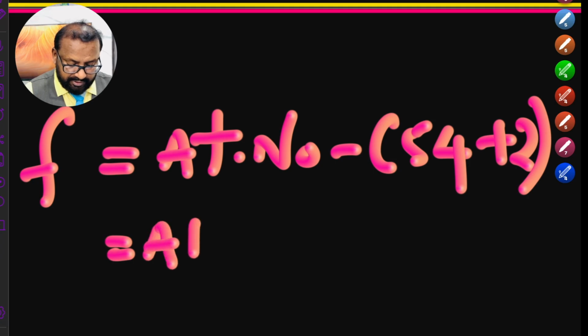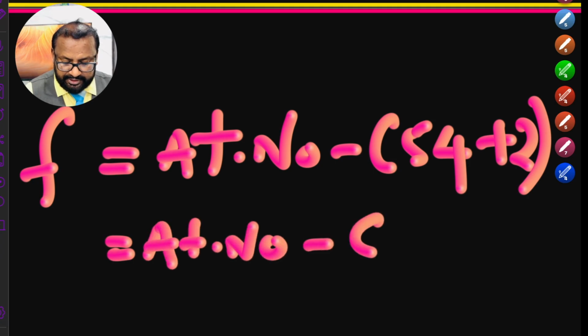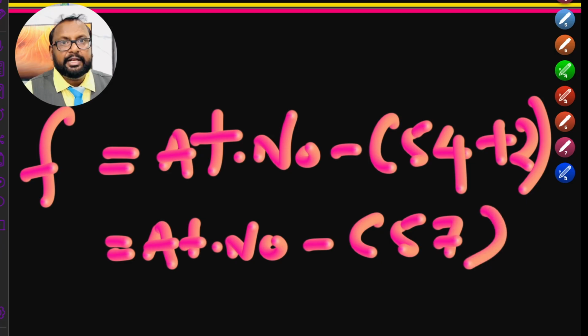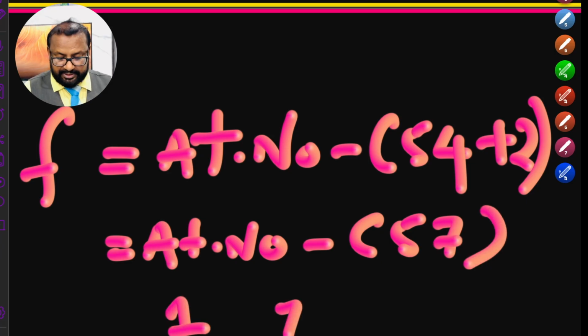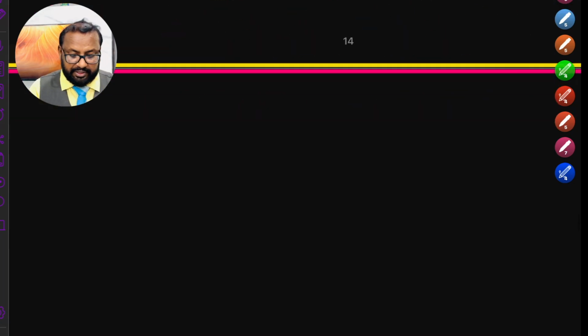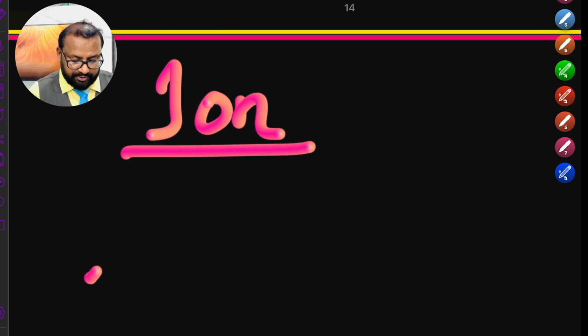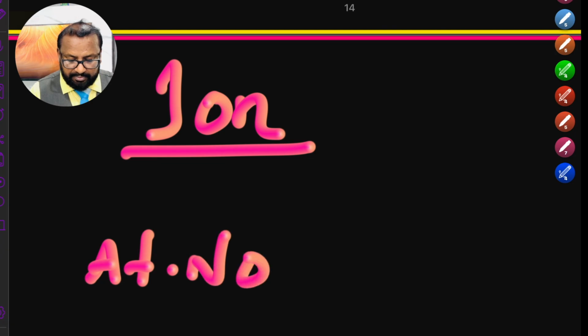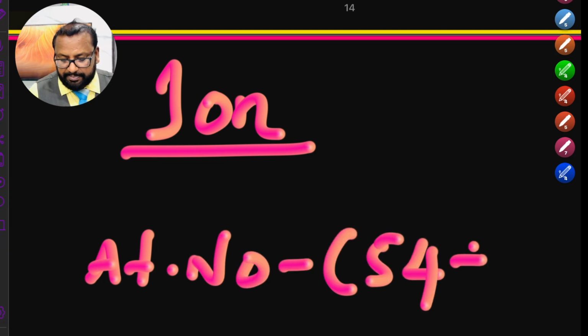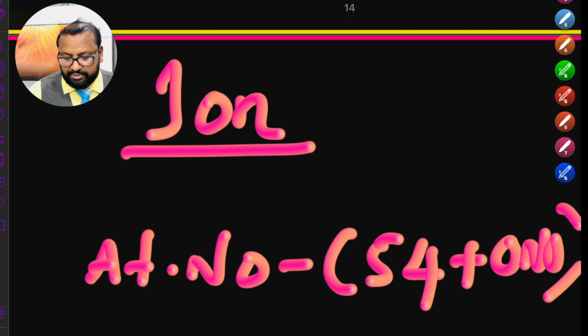For those 3 elements the formula will be atomic number minus 57: the first element cerium, the 7th element gadolinium, the 14th element lutetium. For ions, the easiest one is: atomic number minus 54 plus its oxidation number gives you the f electrons. Practice this, revise the video again, watch it and practice it. You will be mastering it. Thank you.